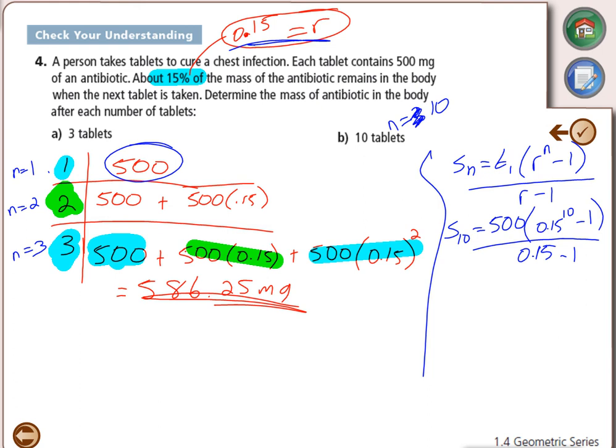And so when we go 0.15 to the 10 minus 1, that actually gives us a little tiny number of negative 0.999, it keeps going on, a bunch of things going on there. And then 0.15 minus 1, which is negative 0.85.